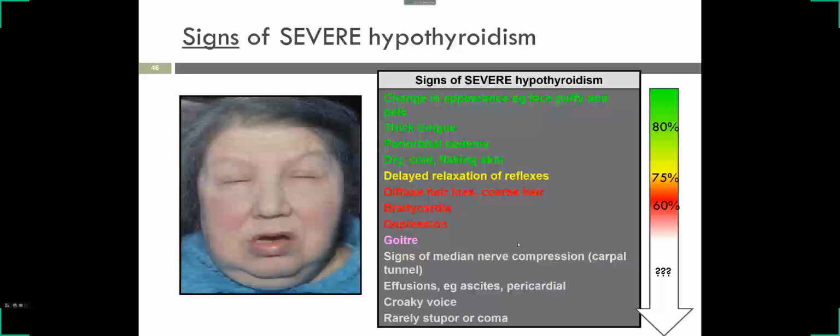You have effusions, ascites, a croaky voice as well, and rarely a stupor or a coma in very rare cases.